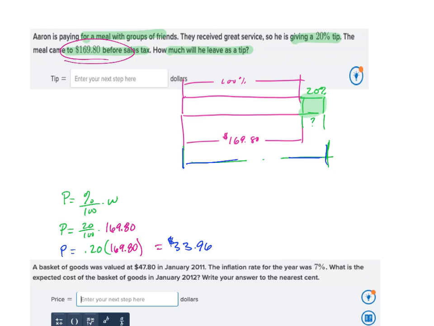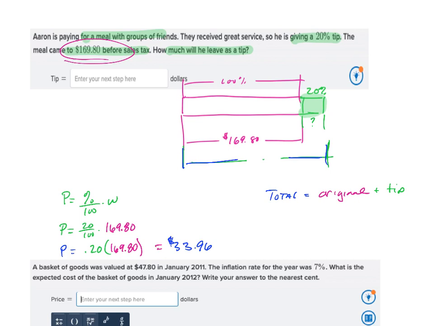Now, generally, you're probably going to just leave $34 for a tip. And some of you are like, oh my gosh, that's so much, because you're seventh graders, and it is a lot for a seventh grader. But that's generally what you're going to have to leave for a tip. If they're asking you what the whole amount is, you would just add that to the original. See, but again, what we have here is we could say the total equals the original plus the tip.